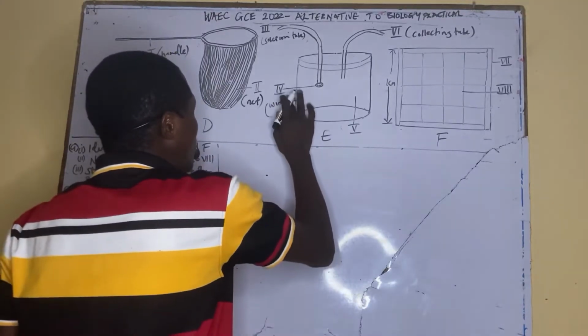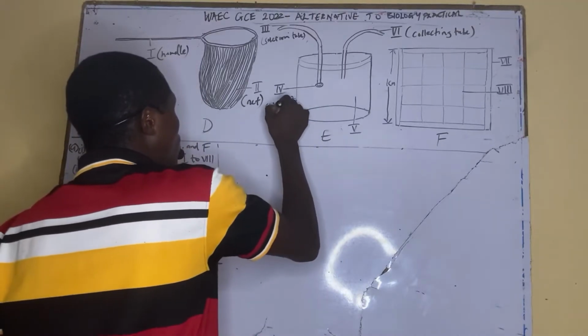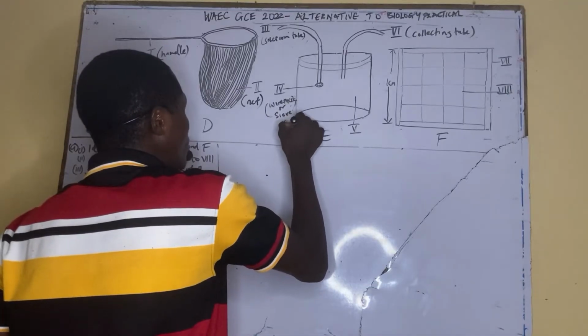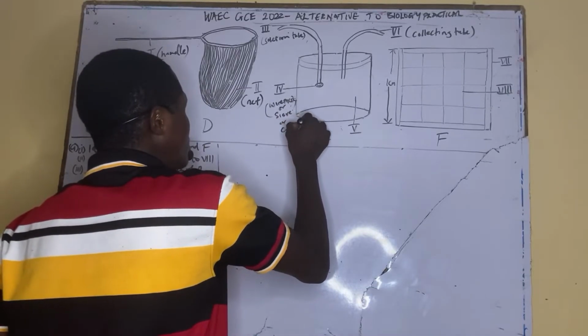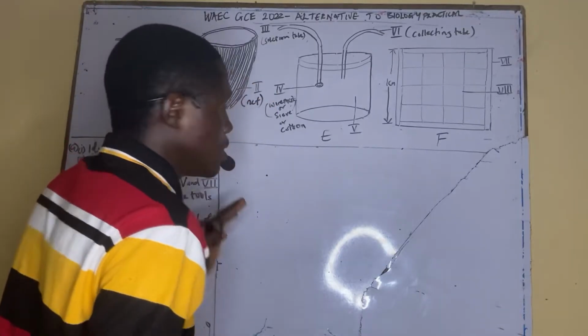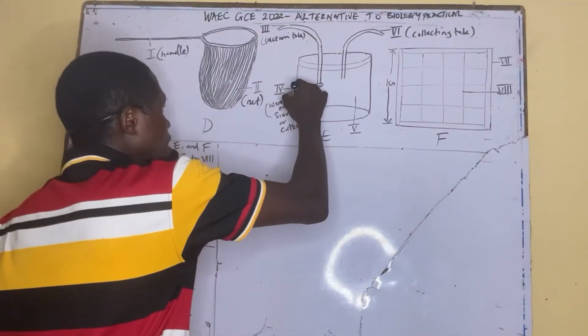Let me write it very well: wire mesh, or sieve, or sometimes cutting. You can use cutting in its place. So we have wire mesh or sieve or cutting. Whichever one you decide to use is correct.